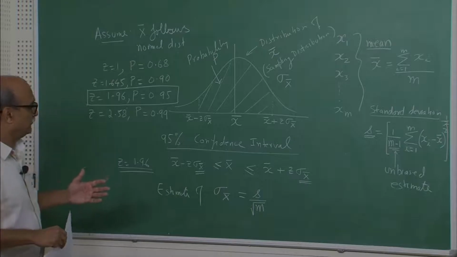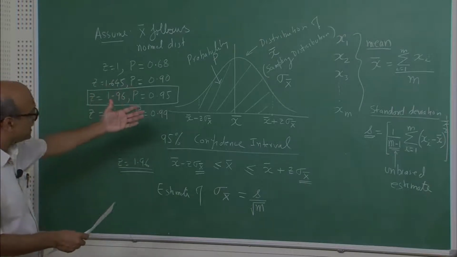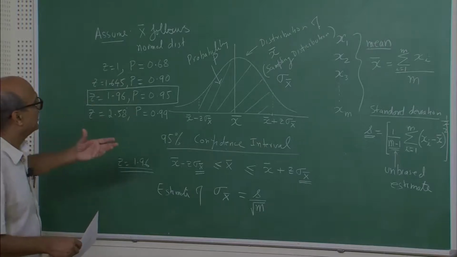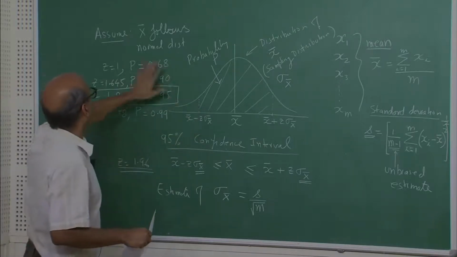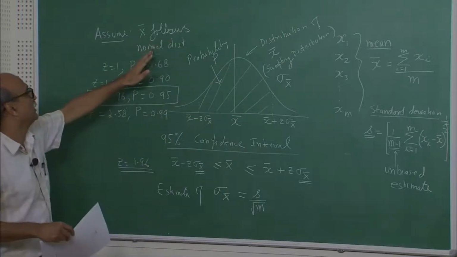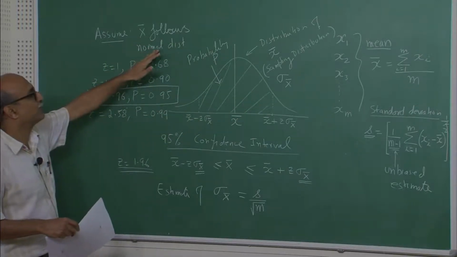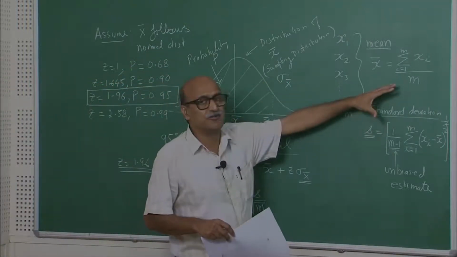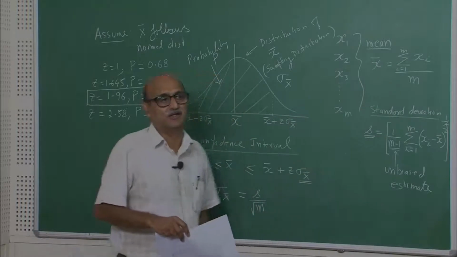Now, I had made a statement saying that I can assume this x bar or the sampling distribution to be a normal distribution, provided I have made a large number of measurements, my m is sufficiently large.